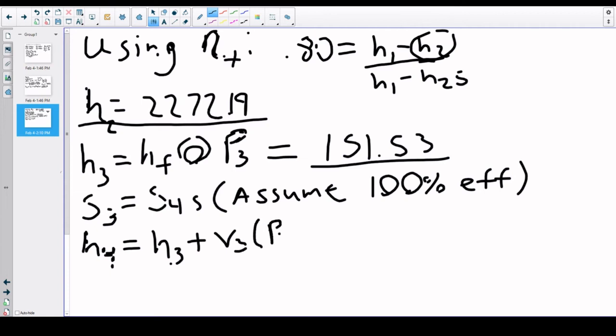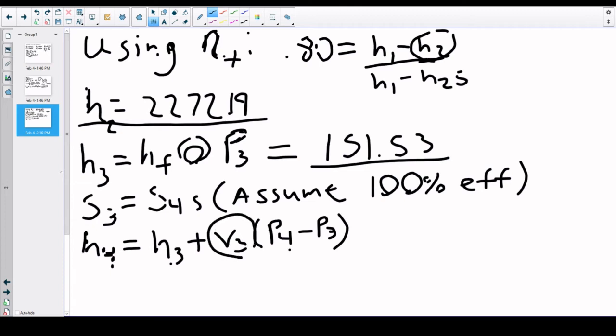And this change should be very small. You shouldn't have a massive change from H3 to H4, because if you did, something is wrong, or your pump is really bad. Either one.